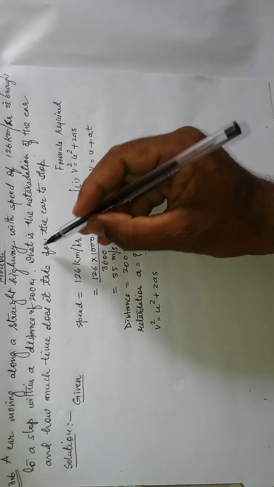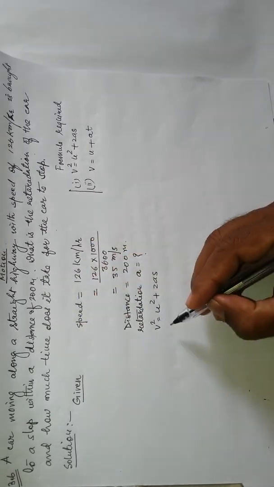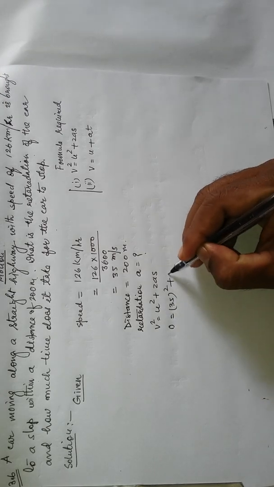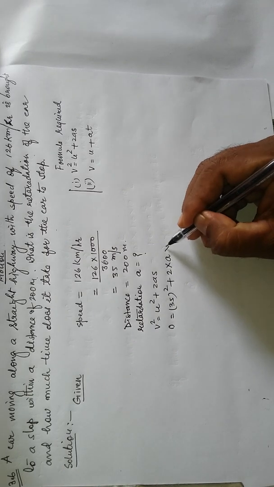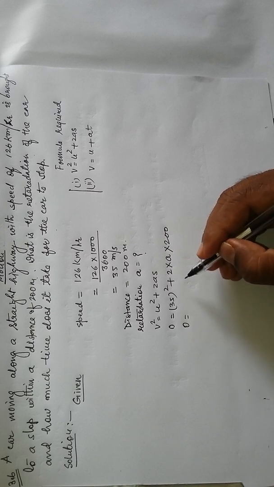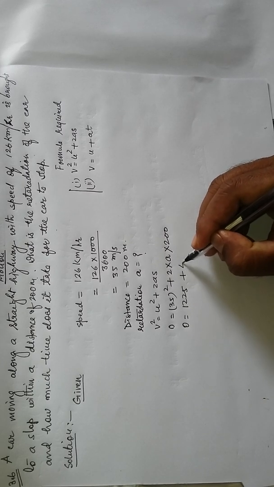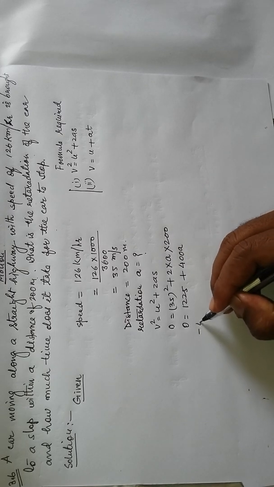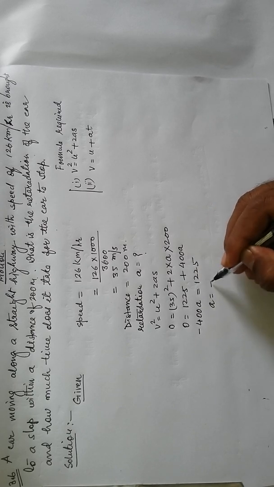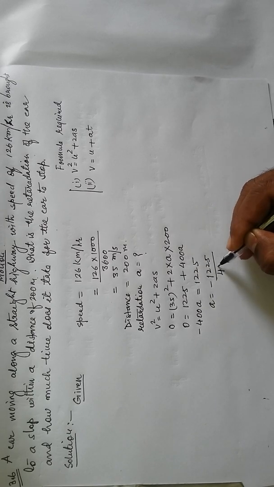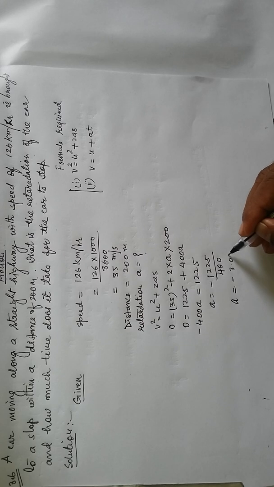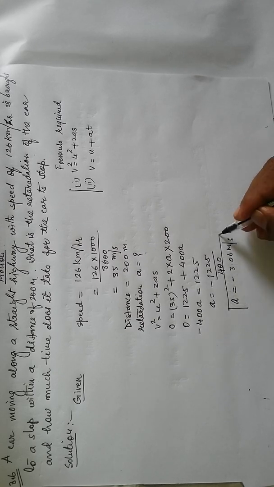Here the car is going to stop, so v will be 0, and u is 35. So 0 equals 35 square plus 2 into a, which we have to determine, into 200. Ultimately we get 400a equals 1225, so a is equal to minus 1225 divided by 400, which is minus 3.06 meter per second square.